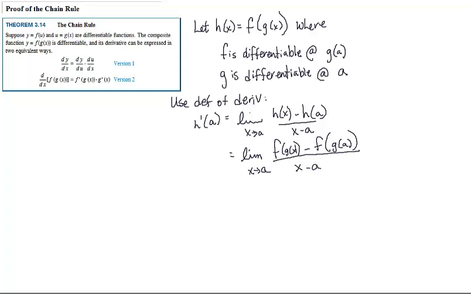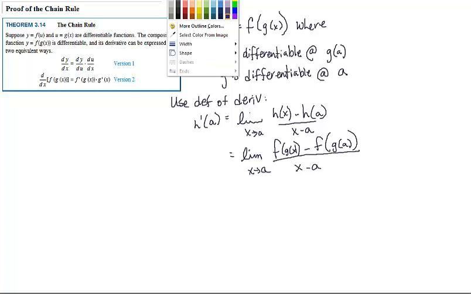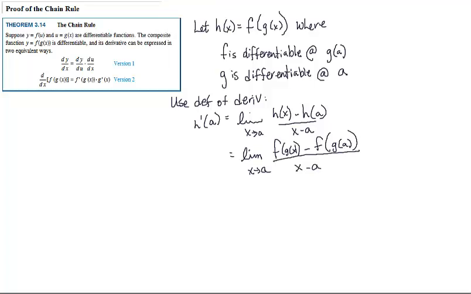Now what I'm going to do next is what we call put in a chicken, take out a chicken. No, it's actually now I'm just going to multiply top and bottom by some chickens. But it's something that I'm going to need, and it's pretty contrived. I know that I'll need this.